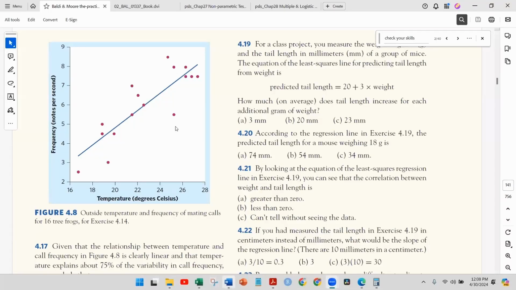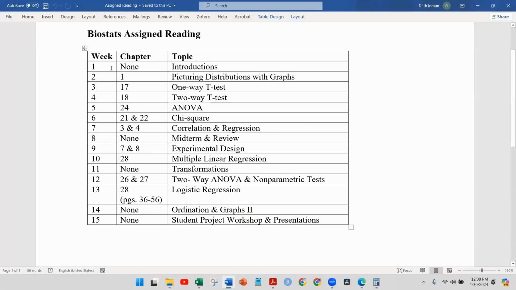All those chapters will be on the test. Yes, that's correct. 1, 2, 3, 4, 5, 6, 7, 8, 9, 10, 11, 12, 13 chapters. The magic number. Any other questions?